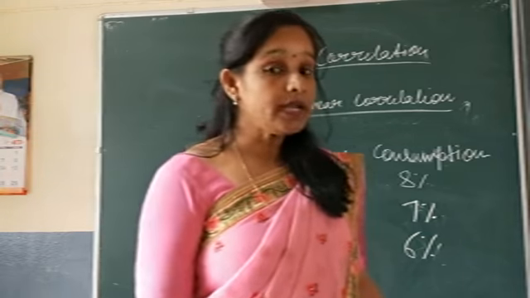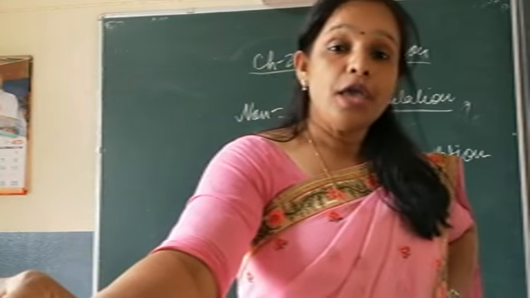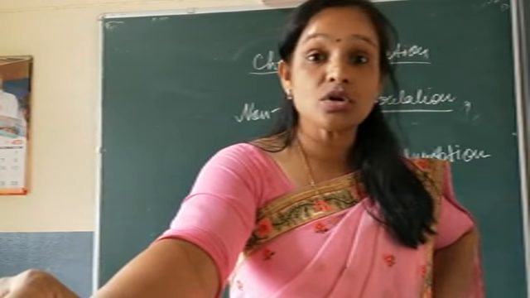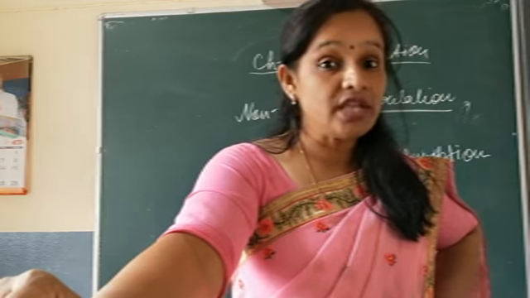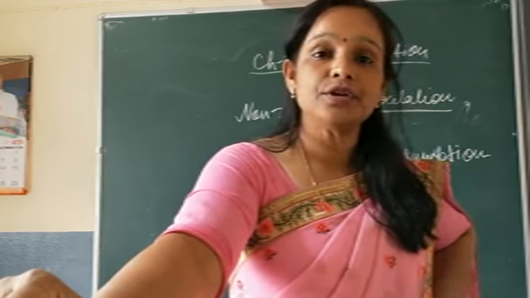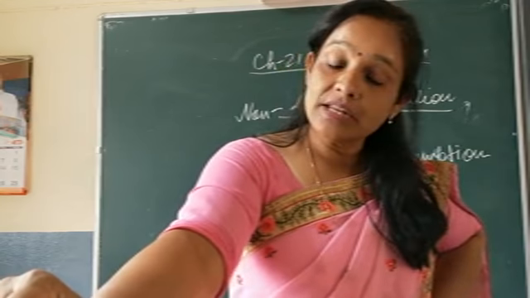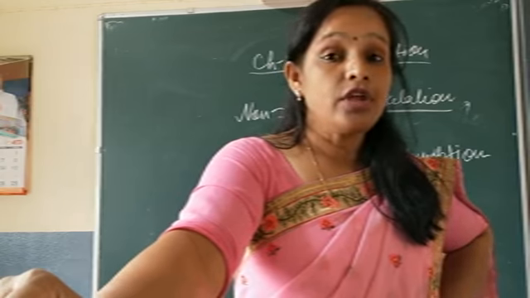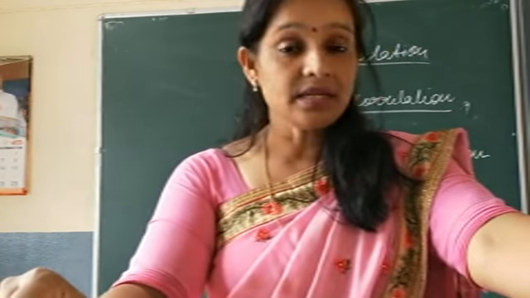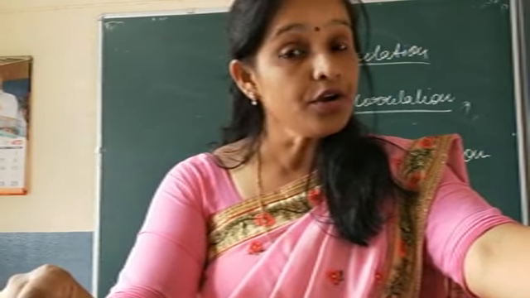So what do we mean by non-linear correlation? If the ratio of variation of variable is not constant, it changes every time, then it is called non-linear correlation. When the ratio of variation in the variable is constant, it is called linear correlation.